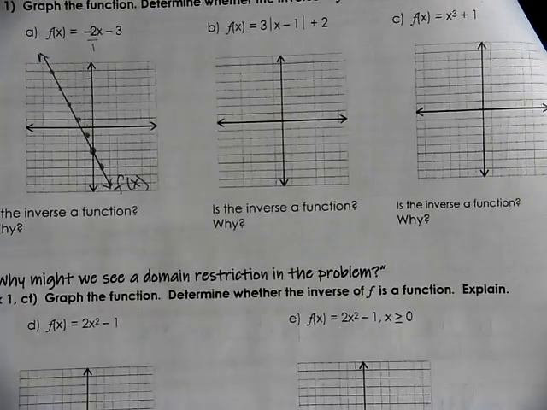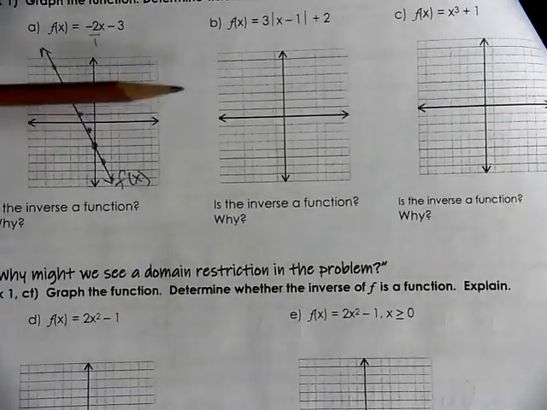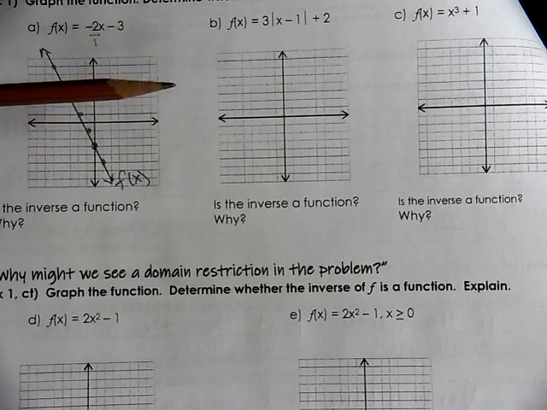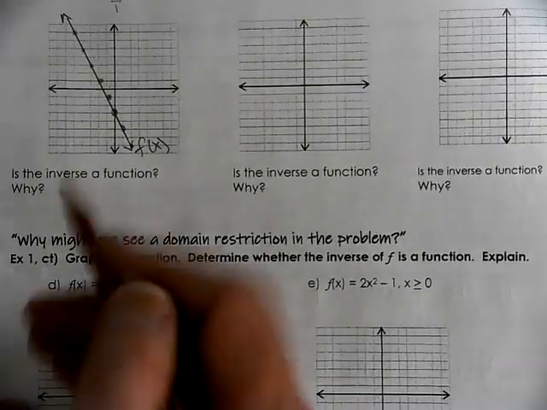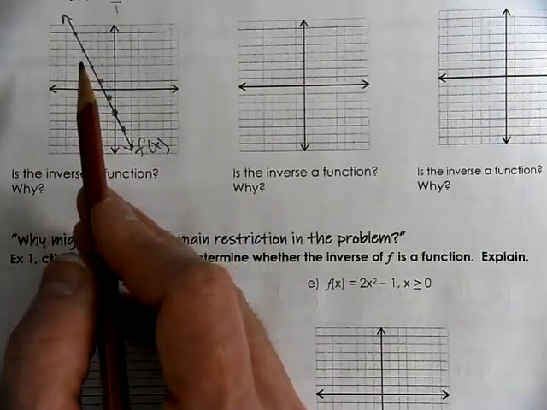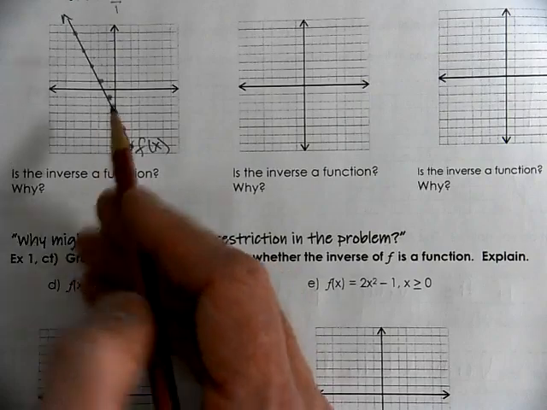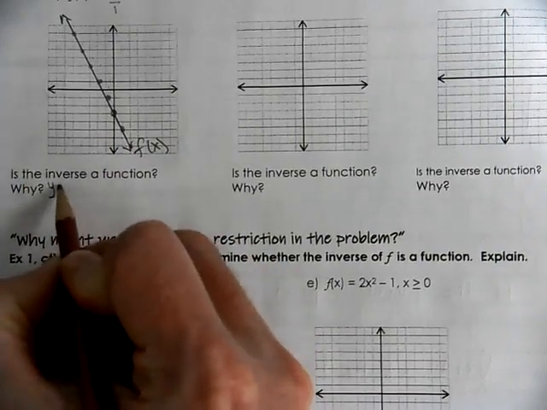So we take a look, and a horizontal line only crosses this line once. This is the original graph getting crossed once, so it will have an inverse that is a function. So we say yes.